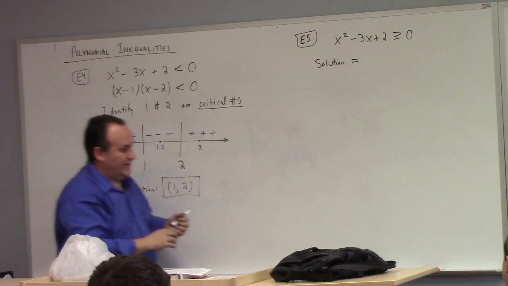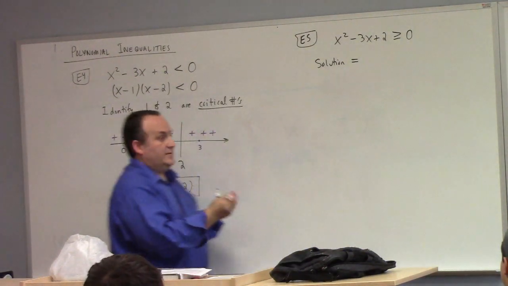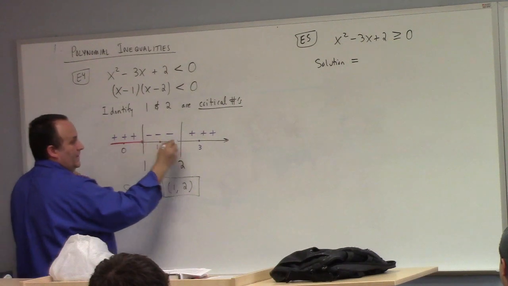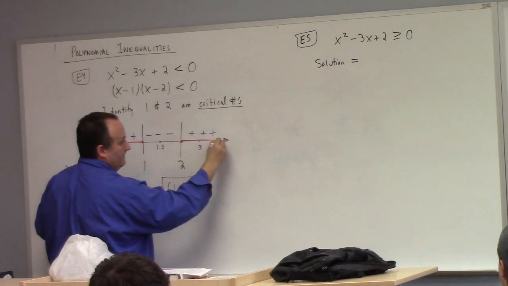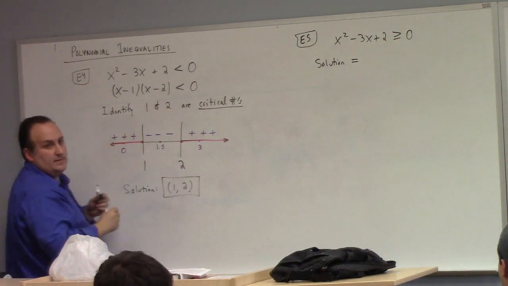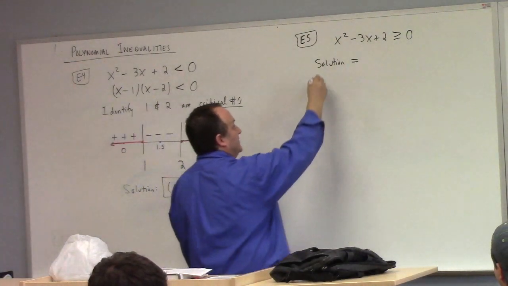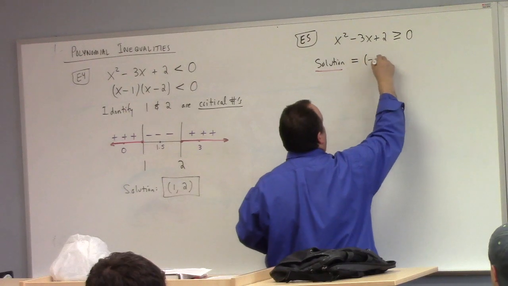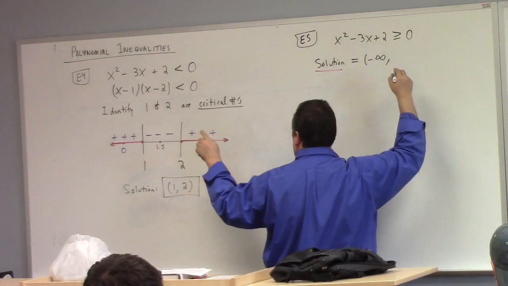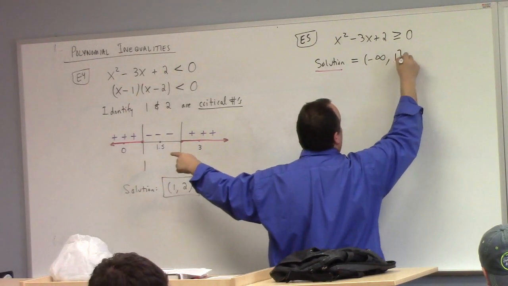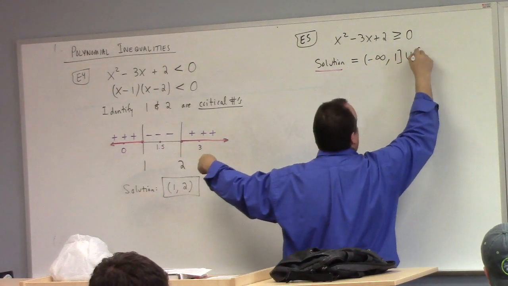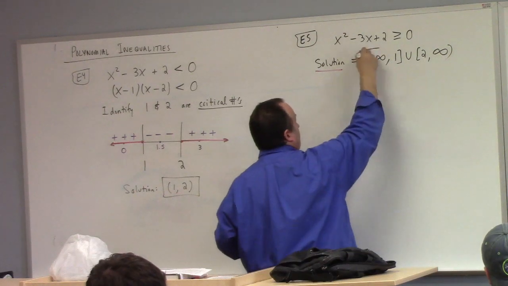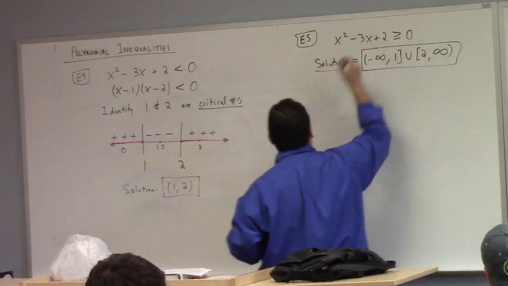Here and here, right? That's the solution. And so what we have is minus infinity to 1 included, unioned with 2 to infinity. There you go. That's the solution to this problem.